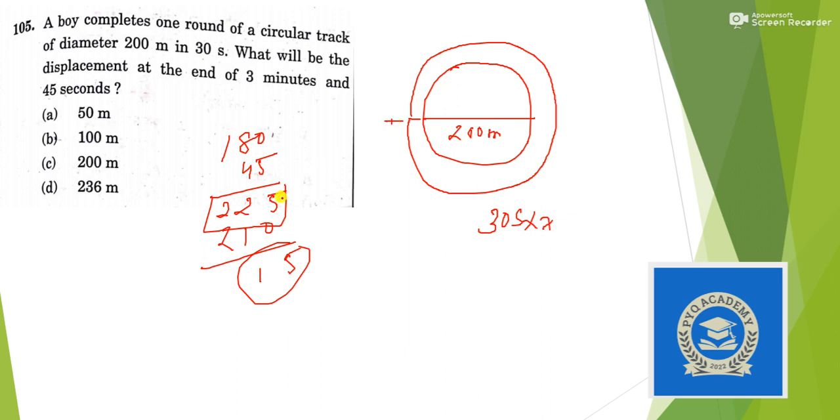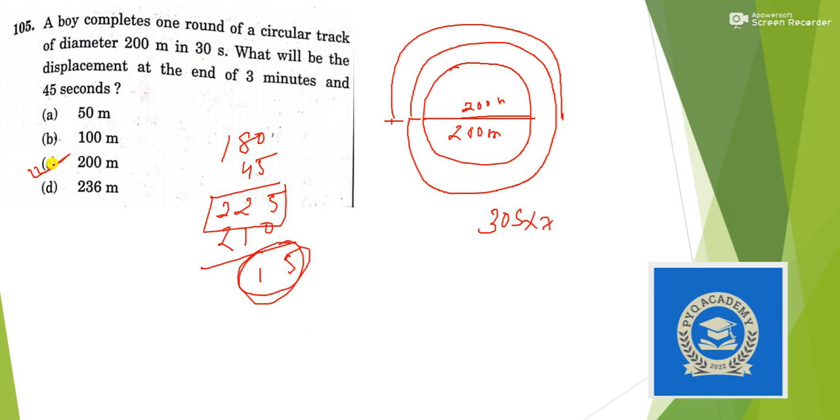Then in the next 15 seconds he will cover half the ground, because in 30 seconds he completes a full round, so in 15 seconds he will complete a half circle. Now what is the distance from here to here? The shortest distance is 200 meter. So the answer here is option C.